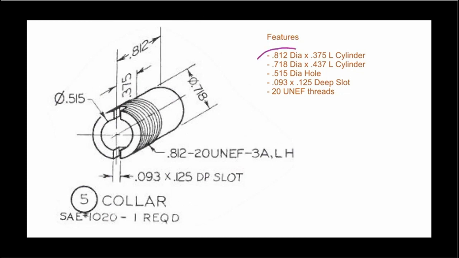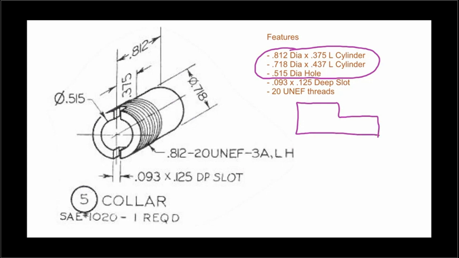These three features will be created using a base sketch that looks similar to this. So this part of the sketch will represent this feature here, the .812 diameter cylinder.